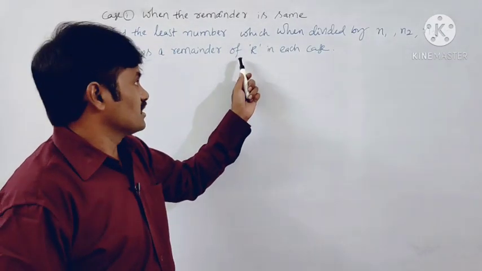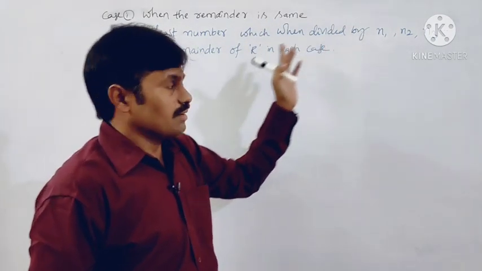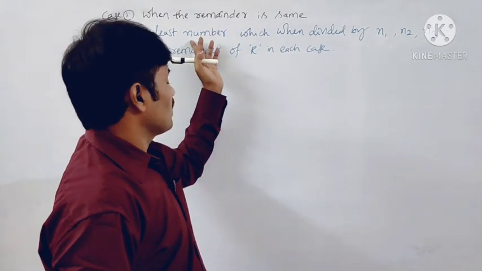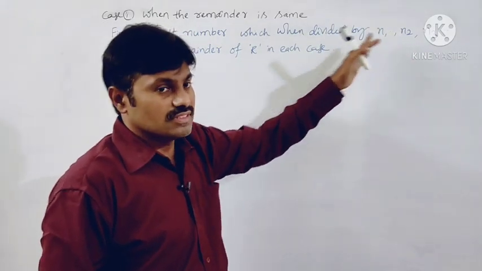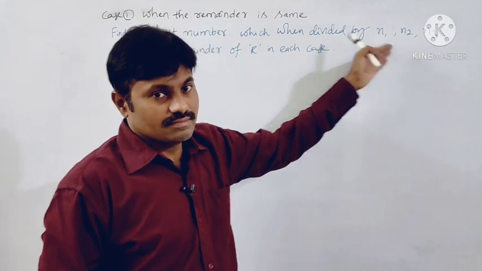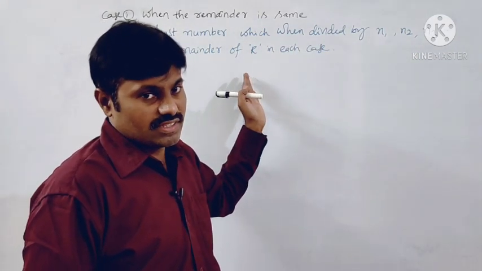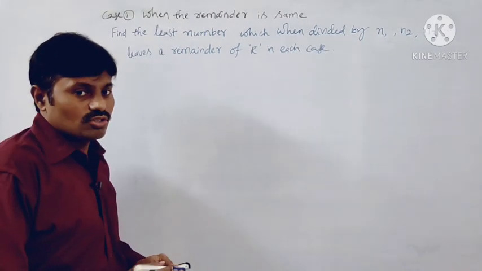In every case the particular number is divided by n1, n2 and so on, and the remainder is capital R. So different divisors, same remainder. This is the first case.